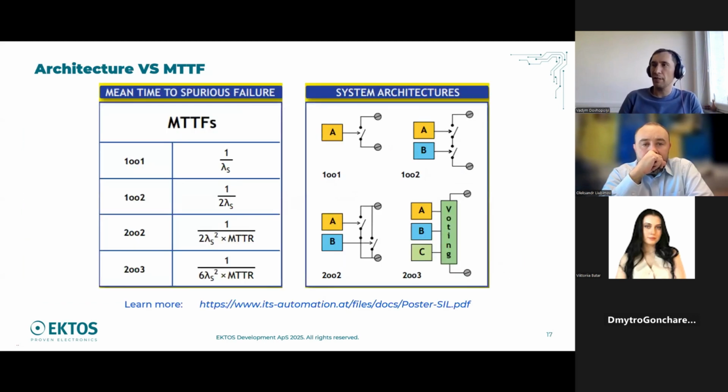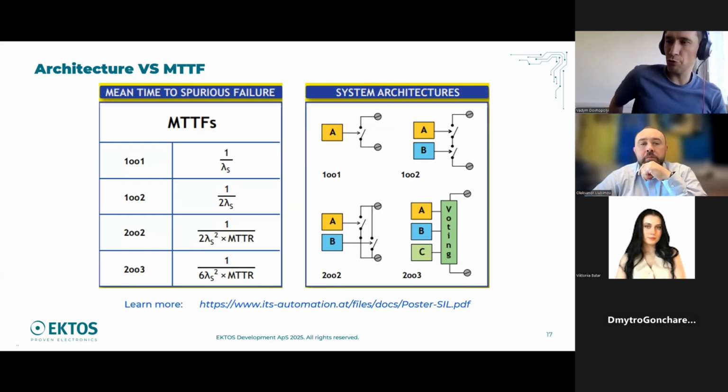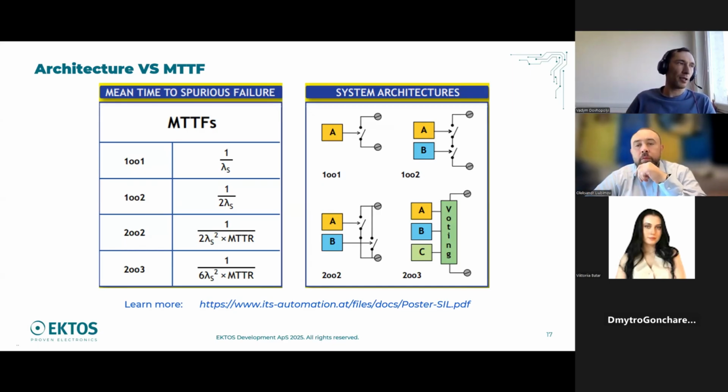Yeah, this is an example of different architectures and their mean time to spurious failure. It is more used at system level, when you are interested not only in dangerous faults but in any fault. So you are doing service, which of course includes proof tests, just to avoid downtime of the system, to be sure that it works normally all the time.